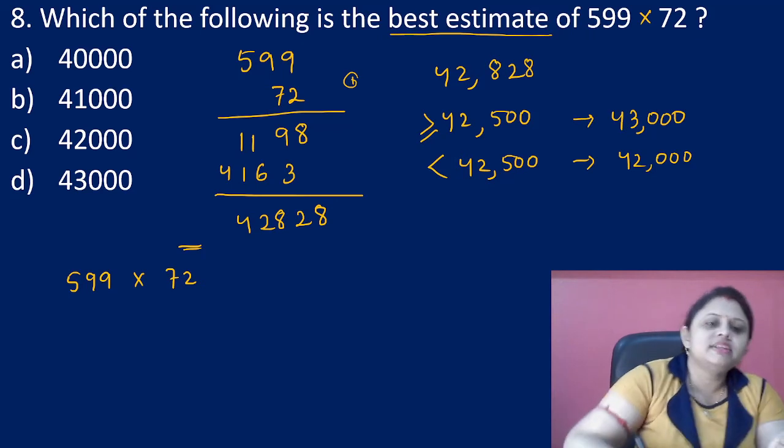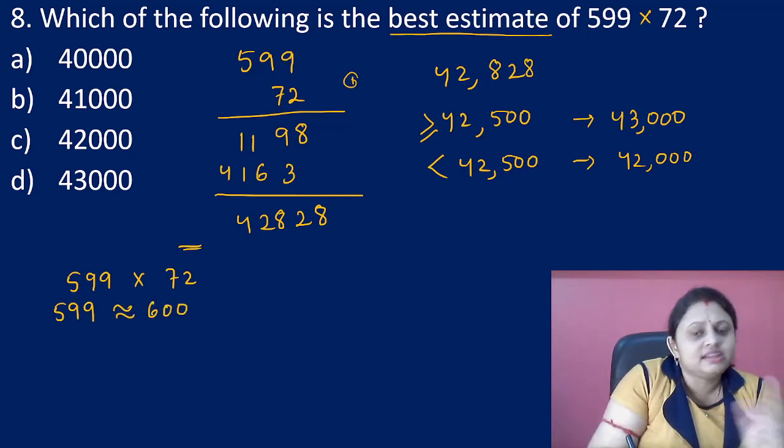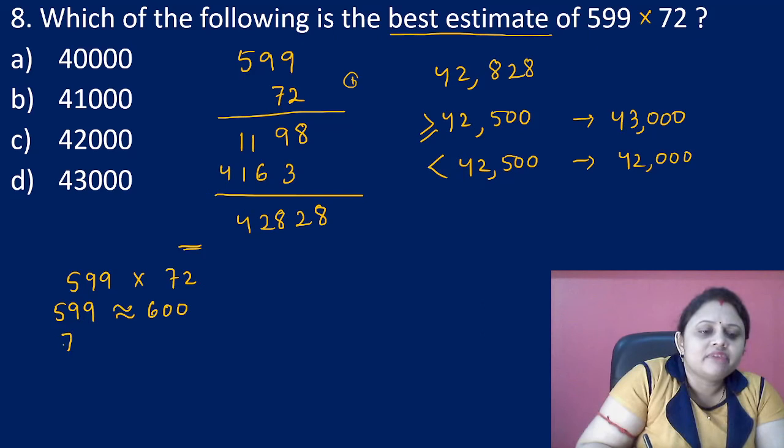So for that, 599 is nearly equal to 600. This is our estimation. 599 is nearly equal to 600 and 72 is nearly equal to 70.